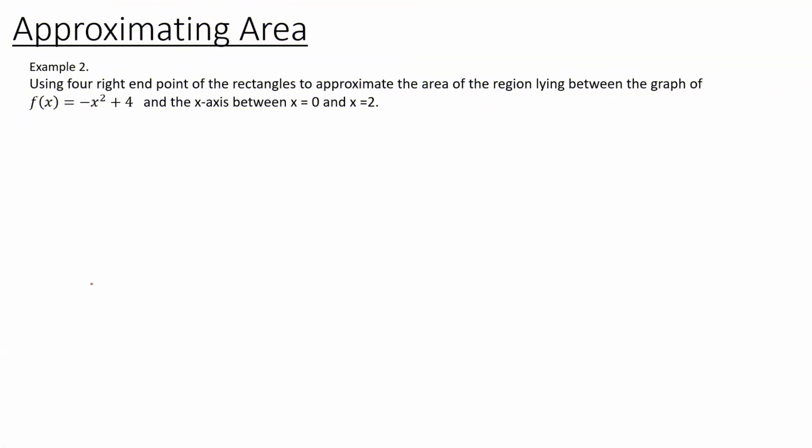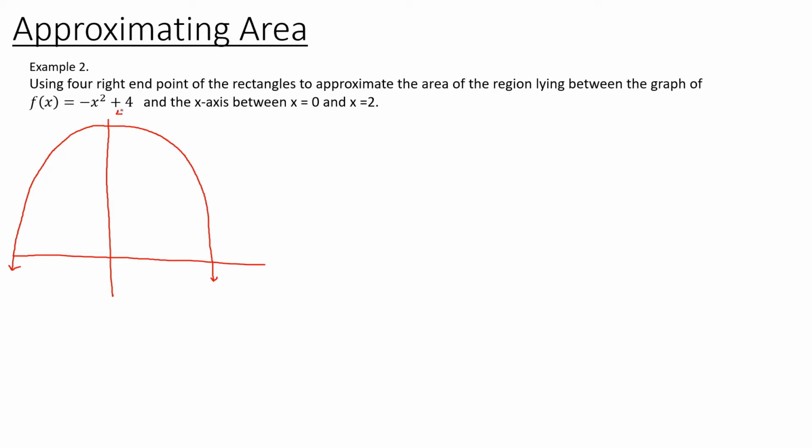Now example 2, same direction as example 1, but this time we're going to use the right endpoint to create it. So we have, once again, negative x squared plus 4. So now your width will still be the same, because we have the same distance and the same amount of rectangular shapes, which is 1/2.